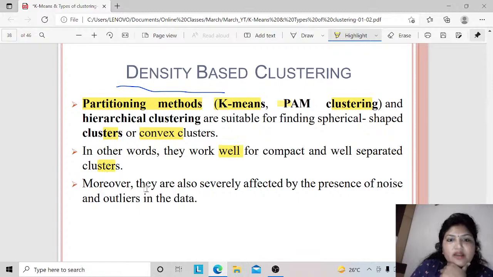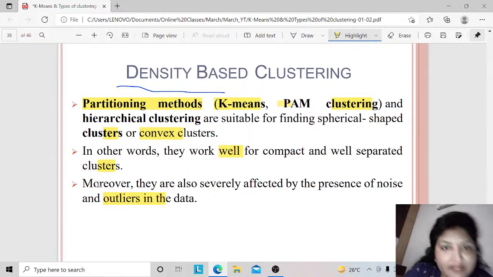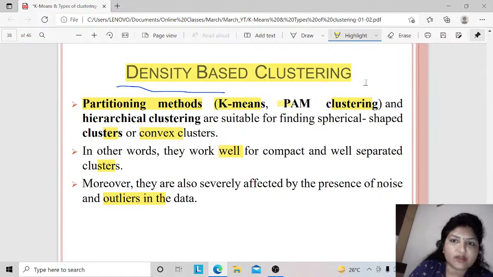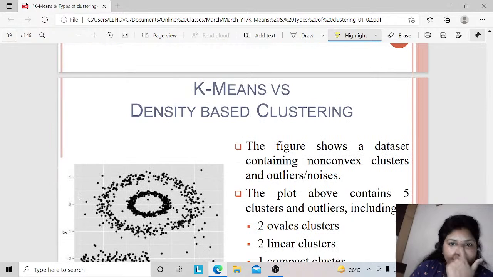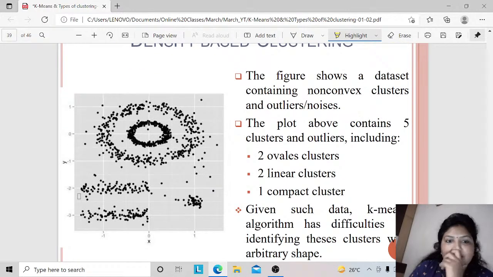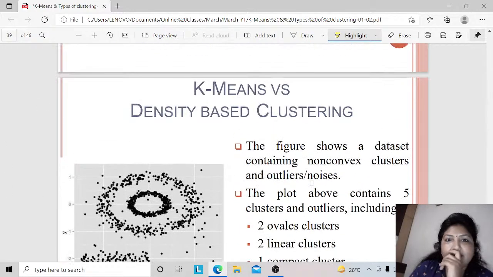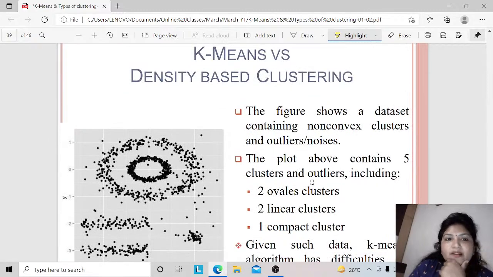Moreover, they are severely affected by the presence of noise and outliers. To avoid this, we have the DBSCAN algorithm, a density based clustering algorithm. Let us first see the difference between k-means and density based clustering.